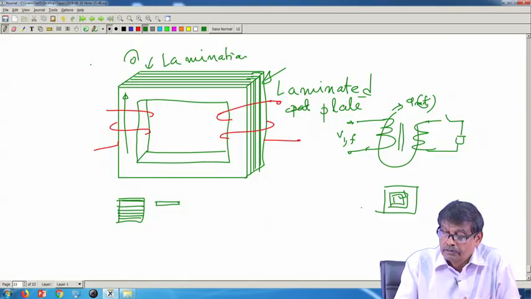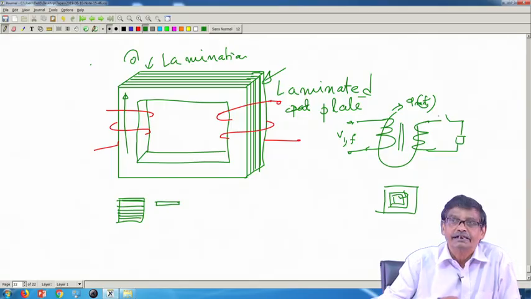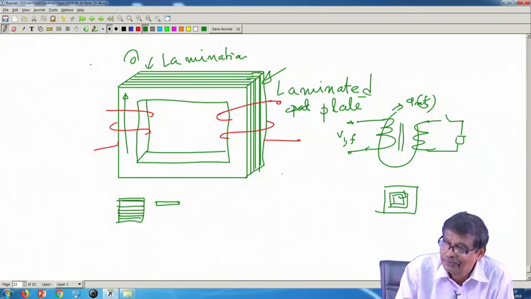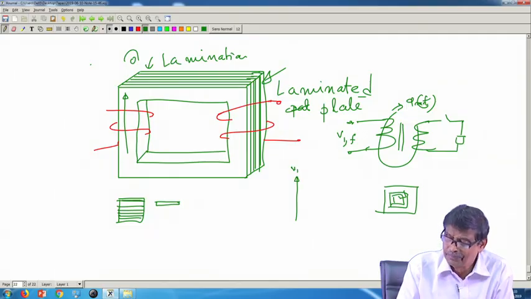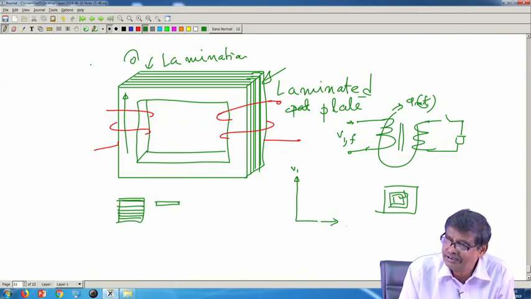Therefore, those tiny eddy currents too will have reflected current on the primary side. Another way of looking at the thing. This is your voltage, okay? And suppose only eddy current I am showing, the flux will be around this point phi.